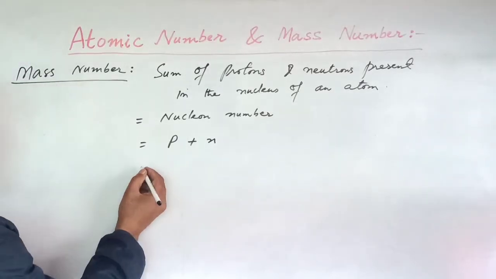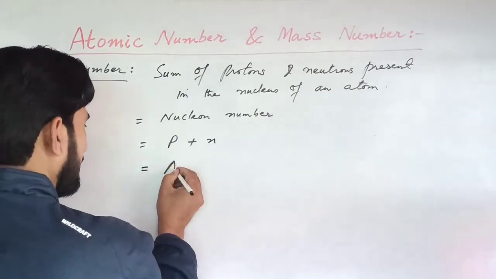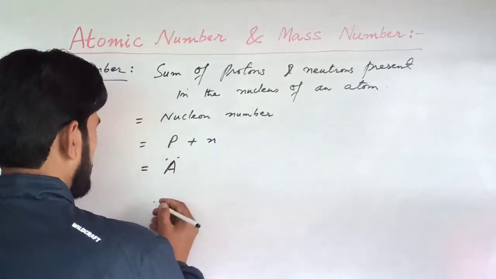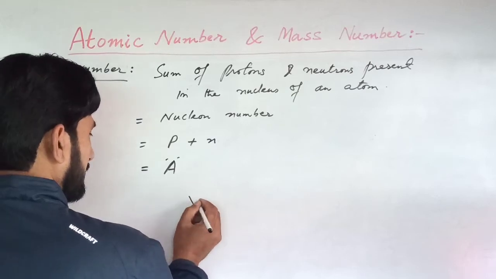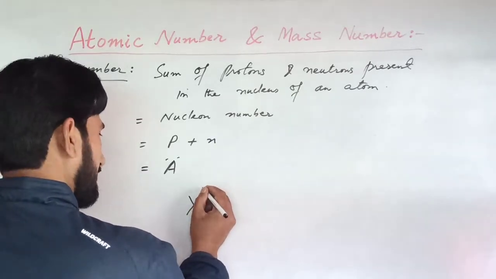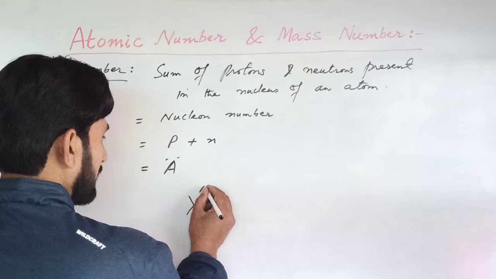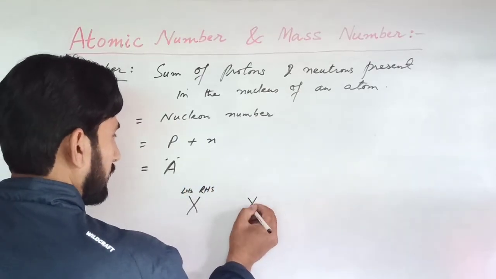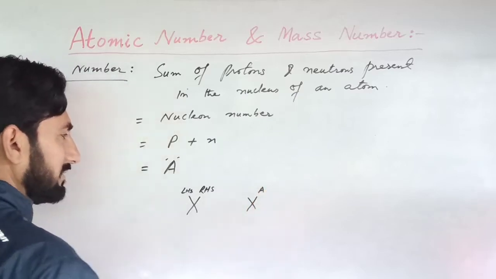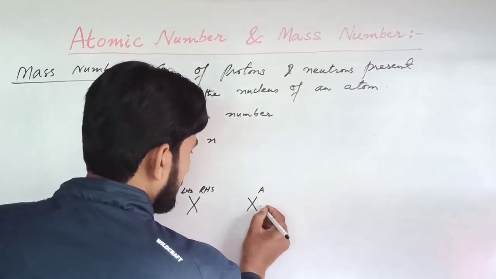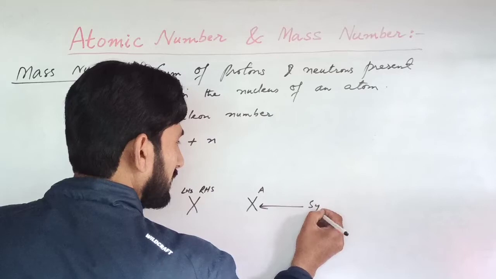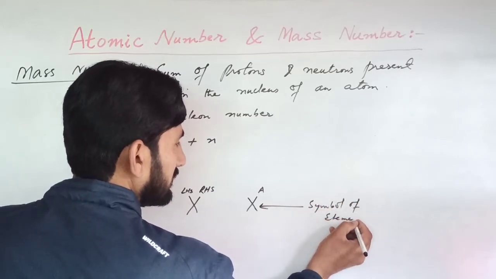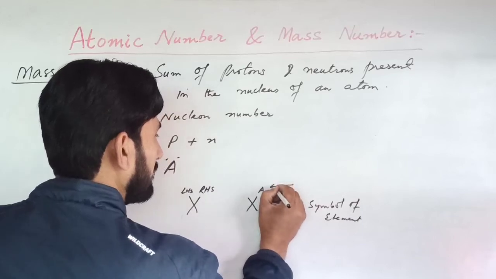Mass number is represented by the letter A and written as a superscript on the right-hand corner of the symbol of an element. X is the chemical symbol of the element, and A is the mass number.